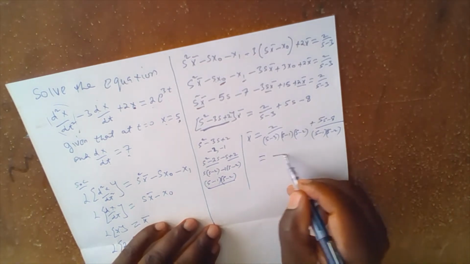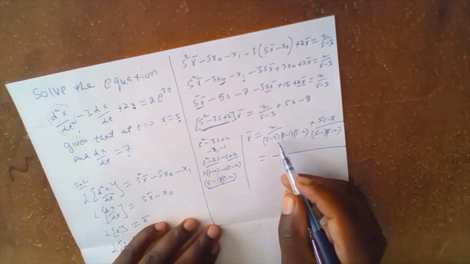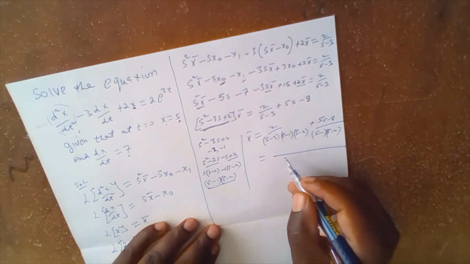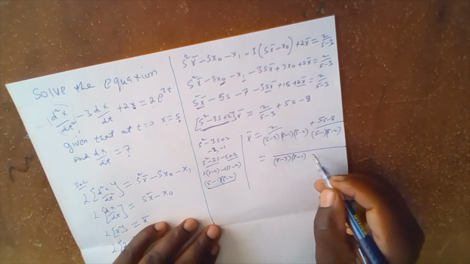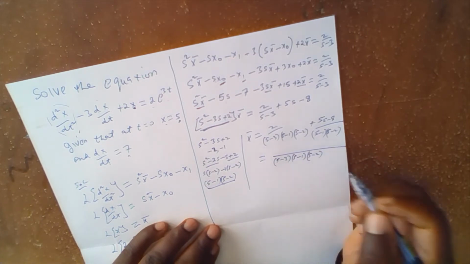Now the LCM of all of this will be s minus 3, s minus 1, and s minus 2.